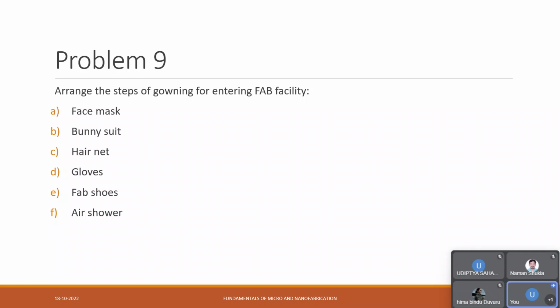So we'll discuss the solutions. First, essentially, if you come directly from the outside, you first have to go through the air shower, to clear any dust. So first will be the air shower. It will essentially dislodge any dust particles on your body.